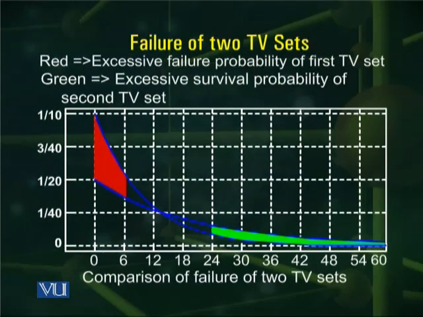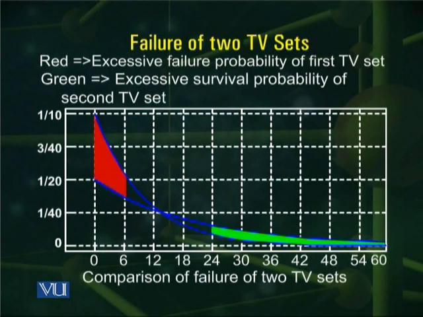And this probability is the difference of the second television, which is more reliable, not failing during the first 2 years, minus the probability of the first television, which is less reliable, failing after 2 years. So the difference shows that indeed if we have another television with a smaller value of lambda, or intensity of failure, then it has better reliability.